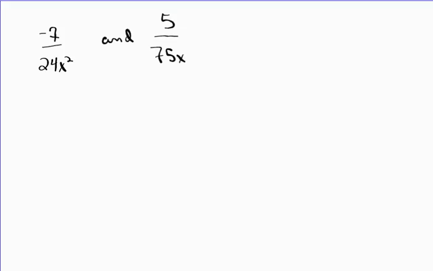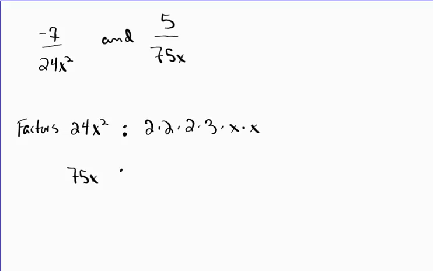Well, what are the factors? 24x squared is 2 times 2 times 2 times 3 times x. The factors of 75x are 3 times 5 times 5 times x. List the common factors. Well, the common factors are 3 and x.